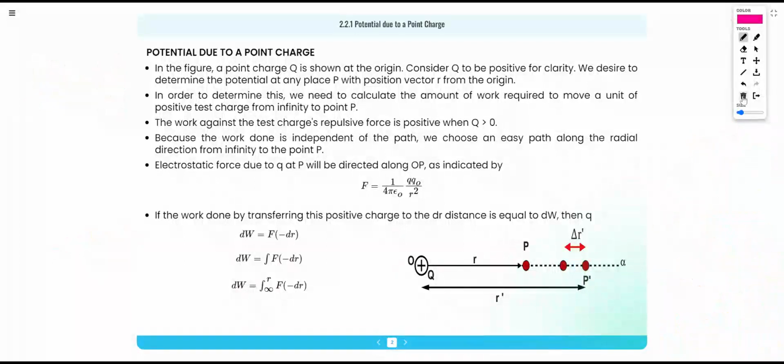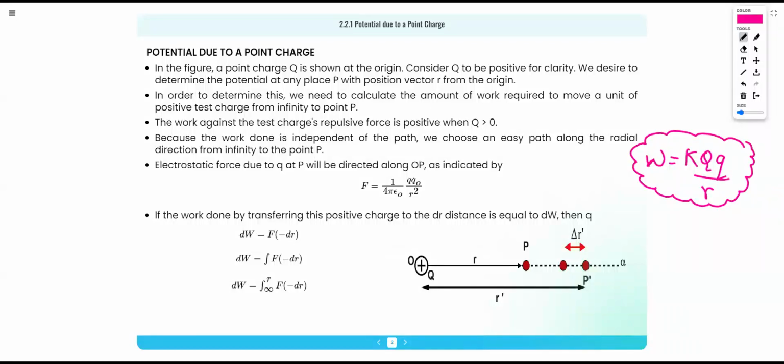Okay, so I am writing the formula. Our formula for work done will be equal to K q Q over r, which we have derived here.